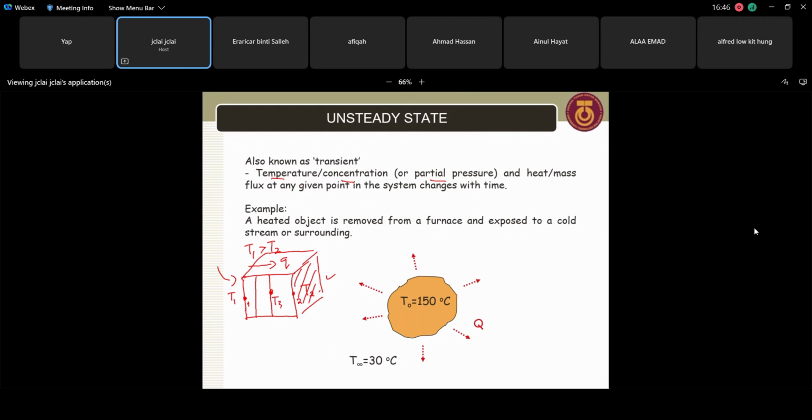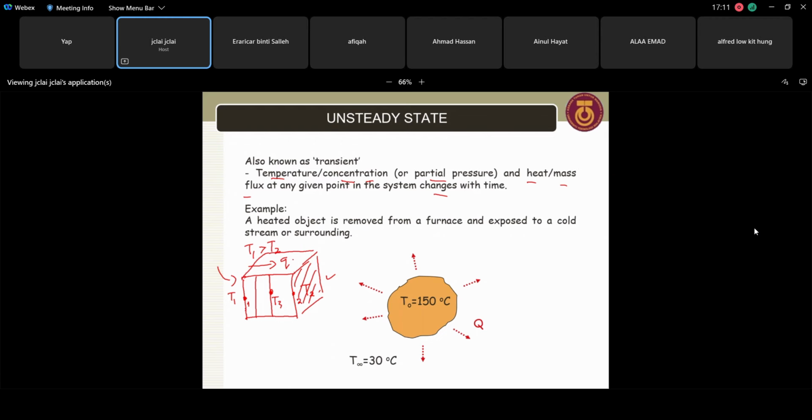Temperature and heat flux at any given point in the system change with time. This is under transient. Or if the system involves mass transfer, it means concentration or partial pressure and mass flux at any given point in the system change with time.